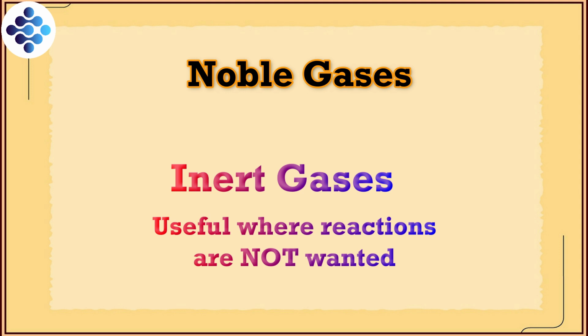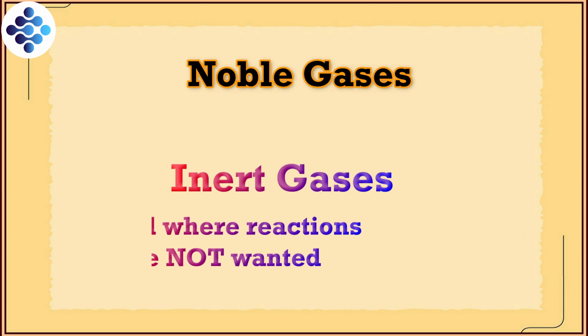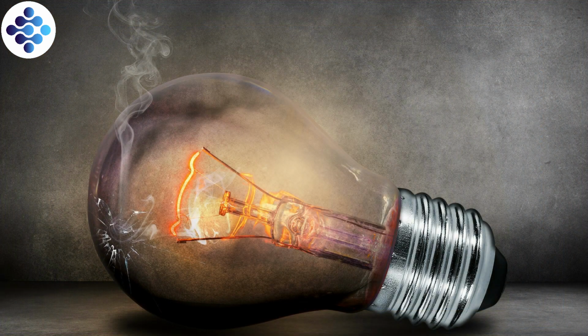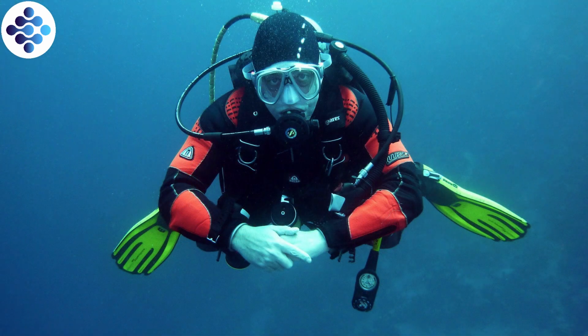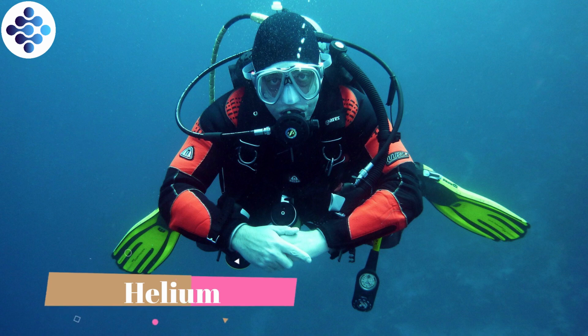So the inertness of noble gases makes them very suitable in applications where reactions are not wanted. For example, argon is used in lamps to prevent the hot tungsten filament from oxidizing. Also, helium is used in breathing gas by deep sea divers to prevent oxygen, nitrogen and carbon dioxide toxicity.